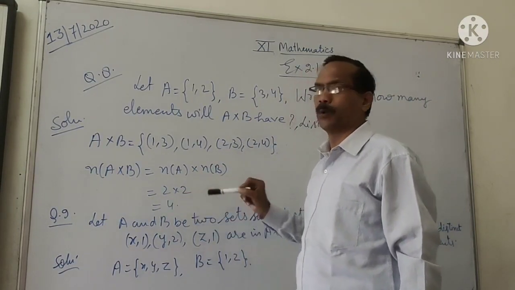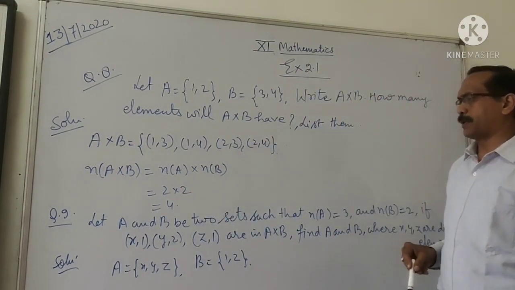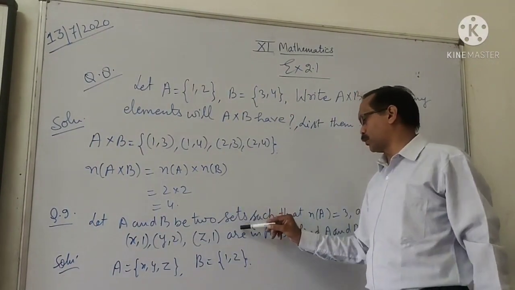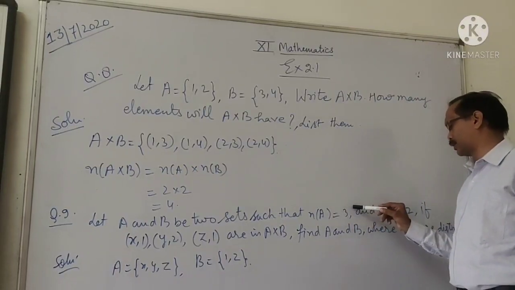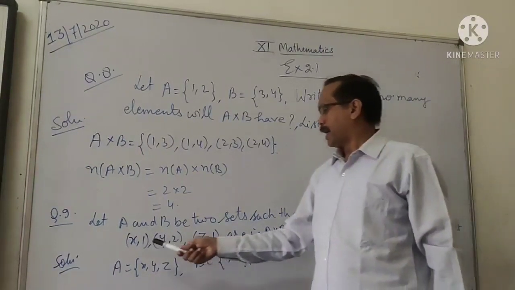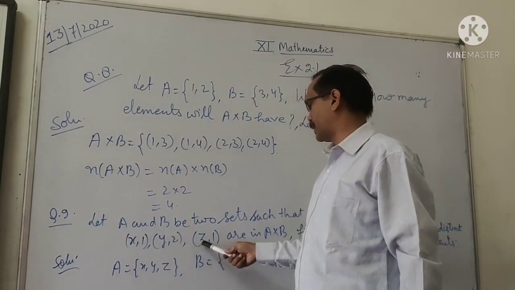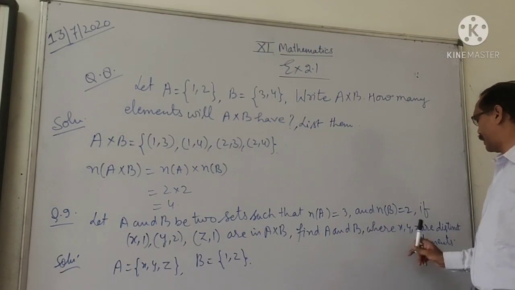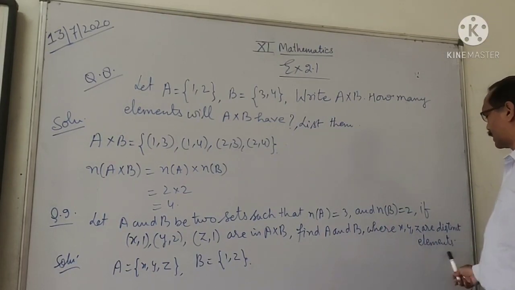Question number 9. Let A and B be two sets such that n(A) equals 3 and n(B) equals 2. If (x, 1), (y, 2), (z, 1) are in A cross B, find A and B, where x, y, z are distinct elements.